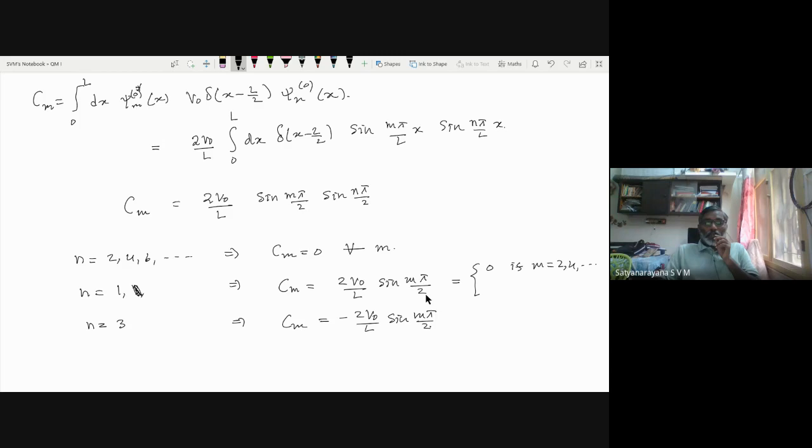And 2v naught by L into, how do I write? The odd numbers, if it is 1, it is pi by 2. If it is 3, it is minus pi by 2. So you can say this is equal to minus 1 to the power 2n plus 1. Is that correct?